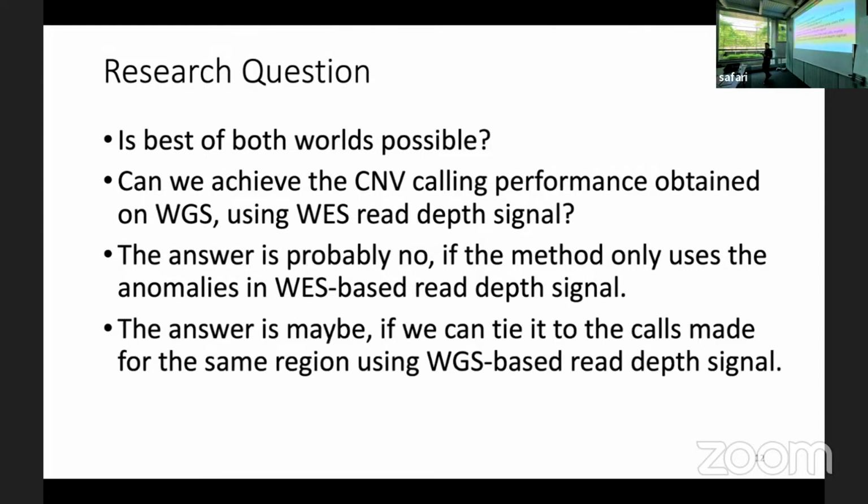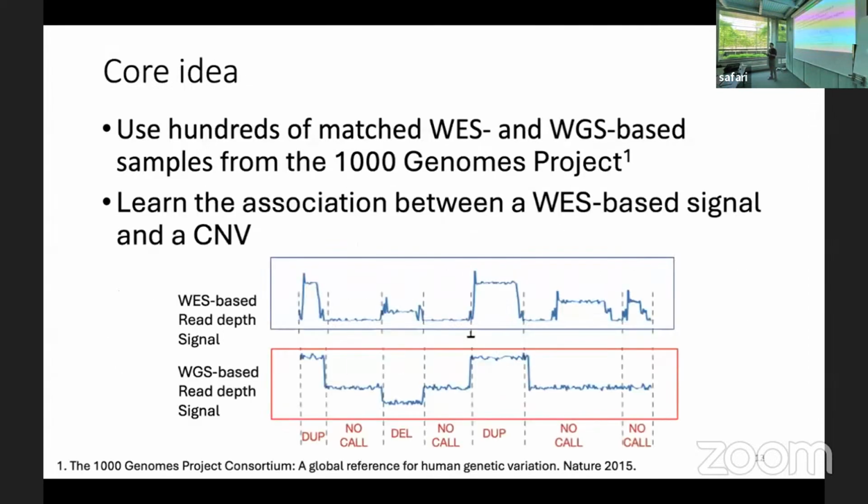But the answer is maybe if we were able to tie the whole genome sequencing read depth signal and the calls made on that nice signal to the noisy whole exome sequencing based signal. The core idea is that we have hundreds of matched whole exome and whole genome samples in the 1000 Genomes data. So we have around 2,500. So I have both signals for the same person.